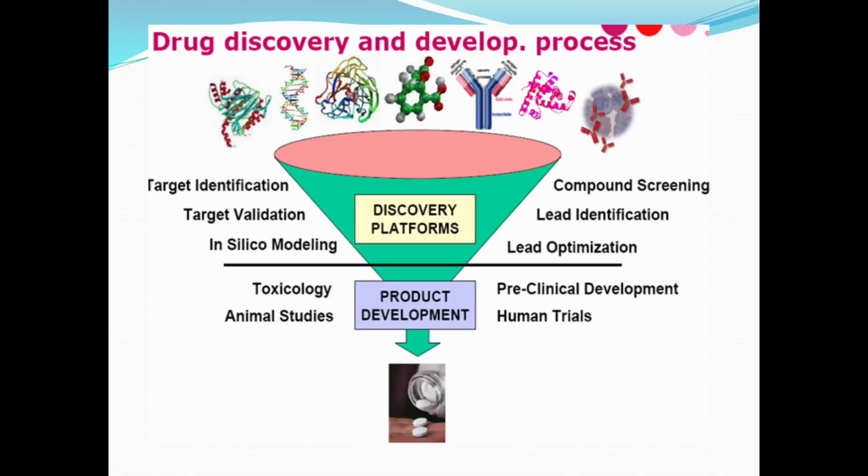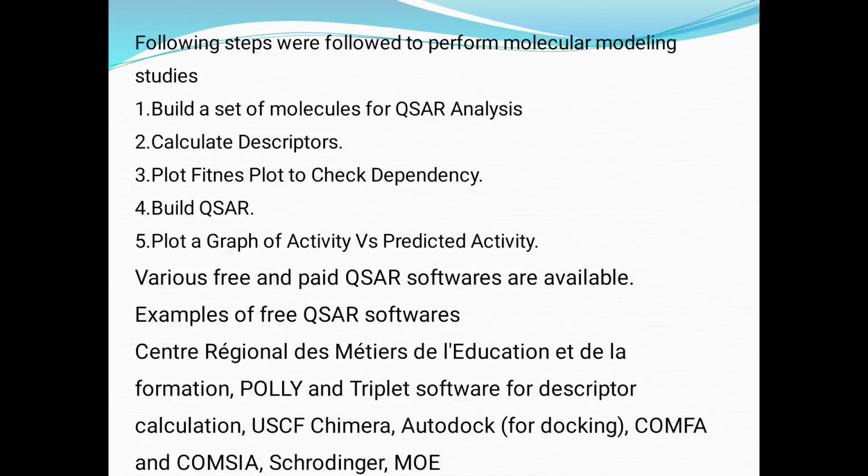So if your target is EGFR, you should identify that target, then do target validation, and then you will do drug discovery studies, in silico modeling, that is 2D and 3D QSAR along with docking. After that you will do toxicology studies of the molecules that are predicted, and then you will go for animal studies.